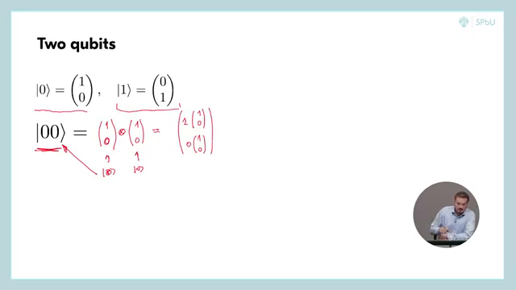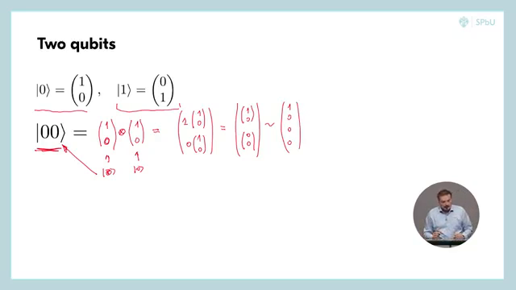This is our tensor, which is 1, 0, 0, 0 tensor. And we can substitute it with the vector in 4-dimensional space like this. We just remove these brackets inside of the tensor.